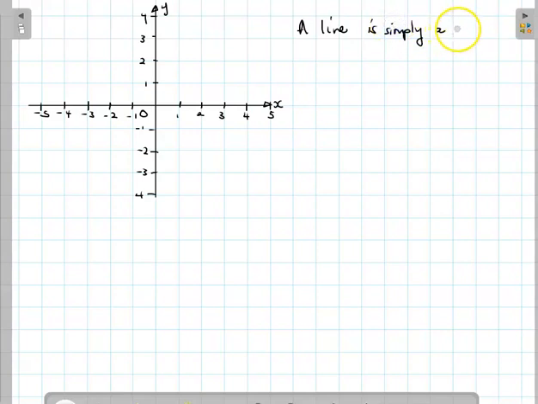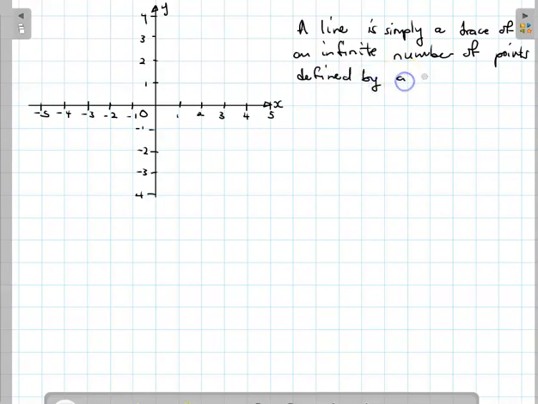So a line is simply a trace of an infinite number of points that are defined by a unique equation. That's what a straight line is.